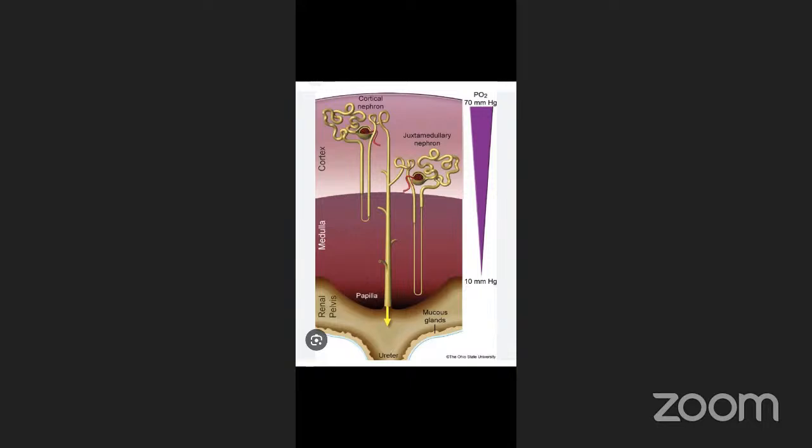But majorly we are talking of a smaller sized Bowman's capsule. Glomerulus, we can talk in terms of... okay, further research. I'm also now getting confused. Which one is which? Fewer glomerulus, smaller glomerulus.